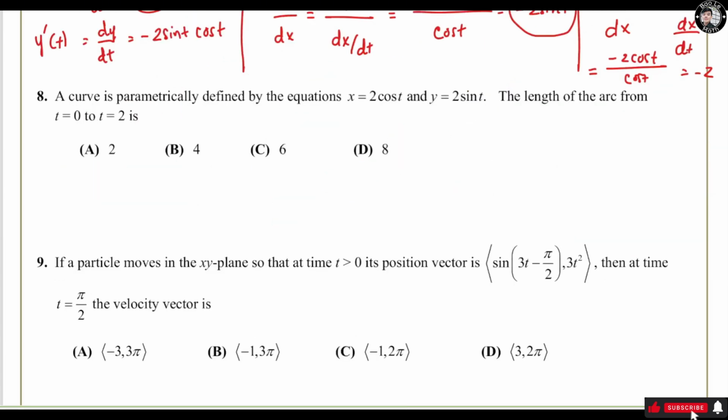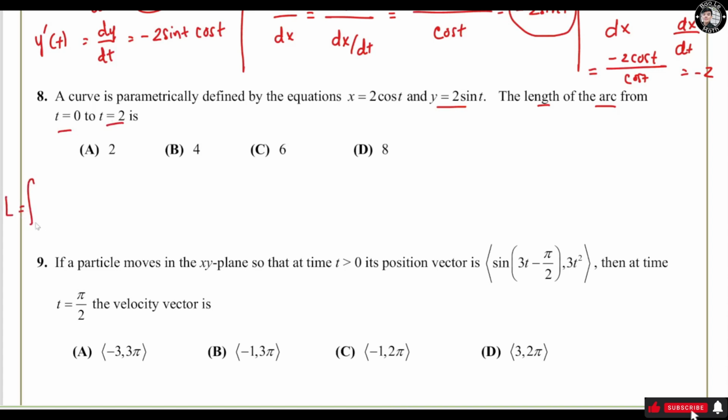Now let's move on to question 8. A curve is parametrically defined by the equations x equals 2 cosine t and y equals 2 sine t. The length of the arc from t equals 0 to t equals 2 is. Alright, so remember you have the formula.